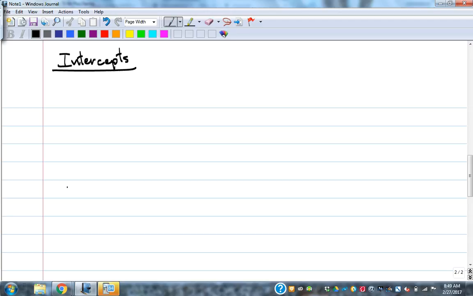Last thing, intercepts. Last thing for this problem is intercepts. We did all the hard work we did in 5.4, and then we do intercepts. Okay, so to get the x-intercepts, we're going to set x plus 2 over x plus 7 equals 0.